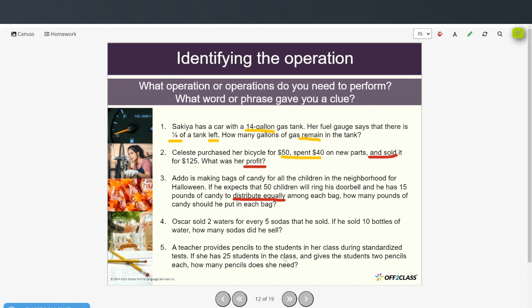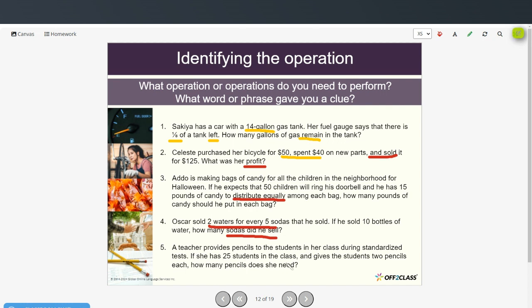Two for every five, so 2 out of 5, that's the clue that shows that you either have to divide or multiply by a fraction. And then the total, how many did he sell? You have to find the total.